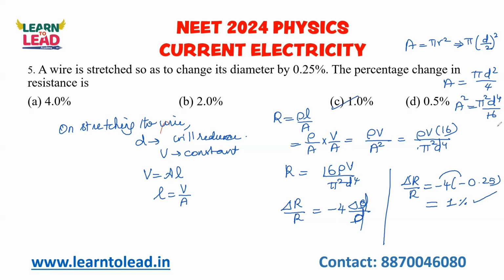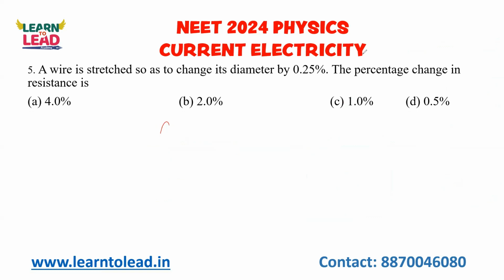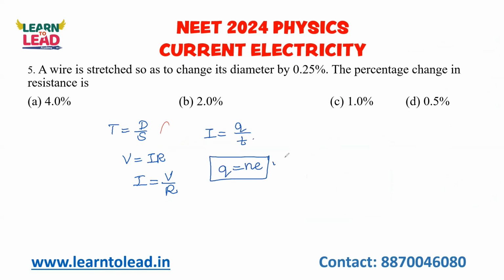Okay, so what are the formulas you need to know in basic? Under current electricity, we have seen the basic formulas like time is equal to distance by speed and V is equal to IR, it is nothing but Ohm's law. You can write it also as I is equal to V by R. And current I is equal to charge by time taken. And charge is nothing but number of electrons into charge of an electron, N into e.